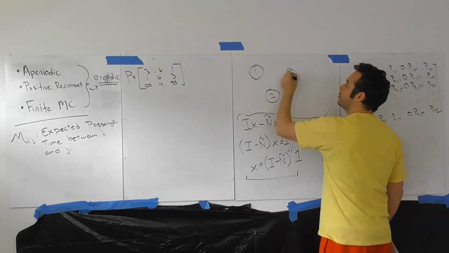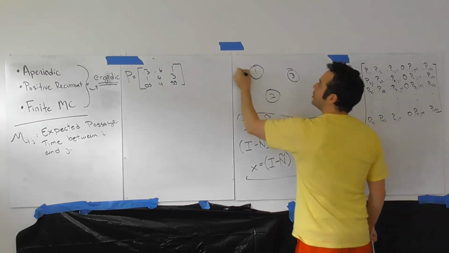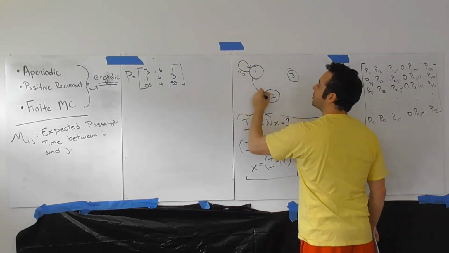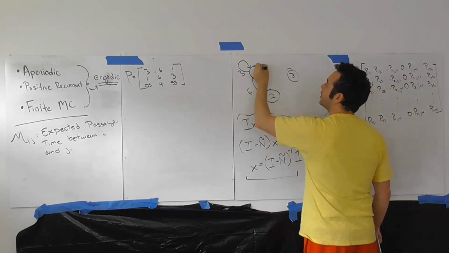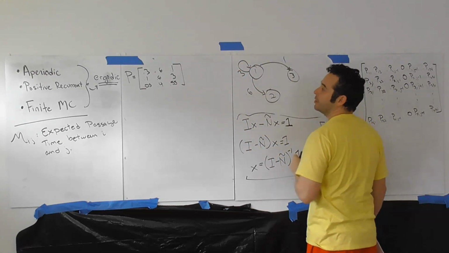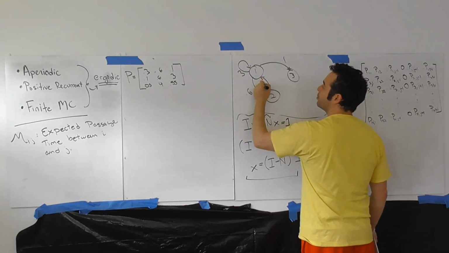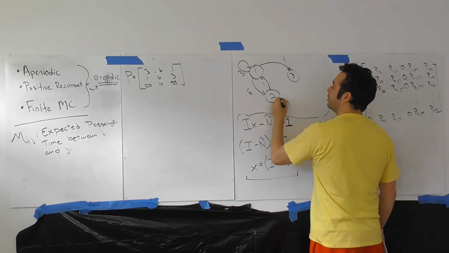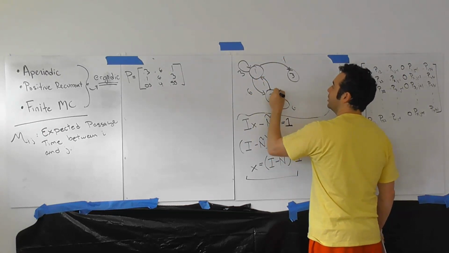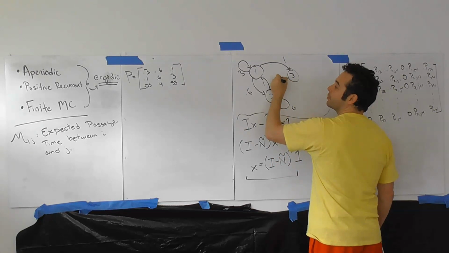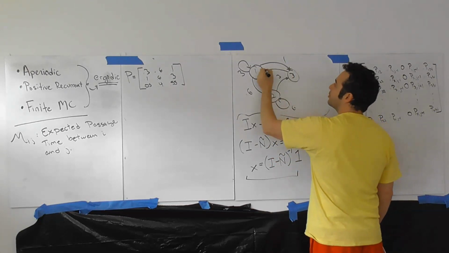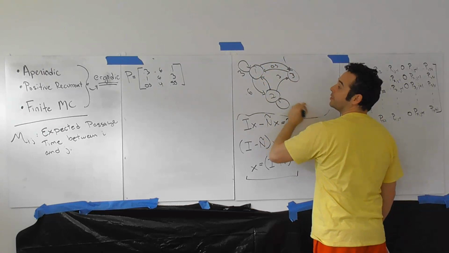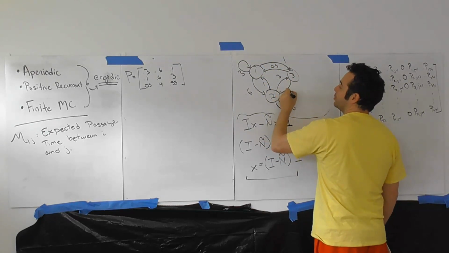So we have states 1, 2, and 3. For state 1, 0.3 loops back, 0.6 goes to 2, and 0.1 goes to 3. For state 2, we have 0.1, 0.6, and 0.3. Here we have 0.05, 0.4, and 0.55.